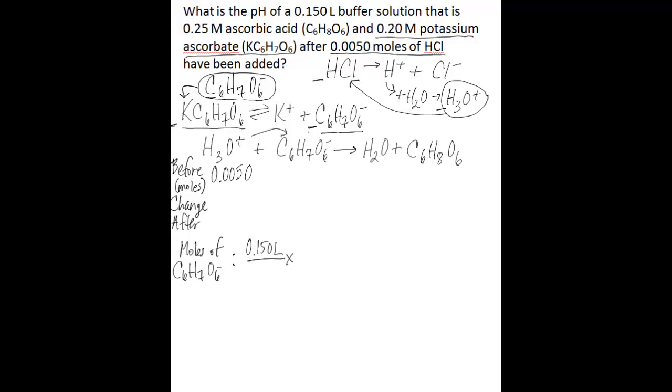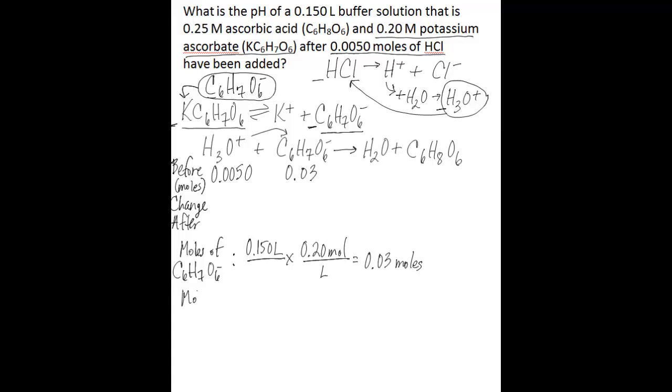And because it's 1:1, if we have 0.20 molar potassium ascorbate, we also have 0.20 molar ascorbate anion. So we multiply the volume by 0.20 moles per liter, and when you do the math there, you end up with 0.03 moles of ascorbate anion present before the neutralization reaction is carried out.